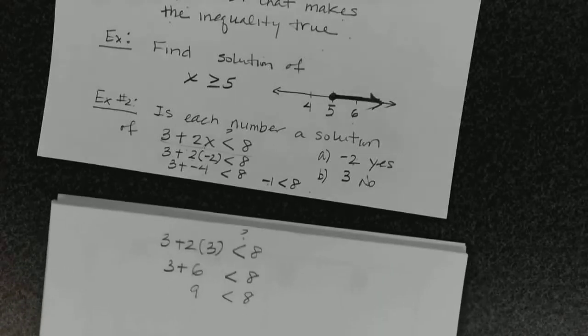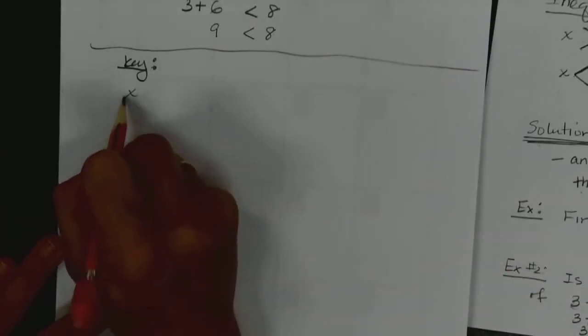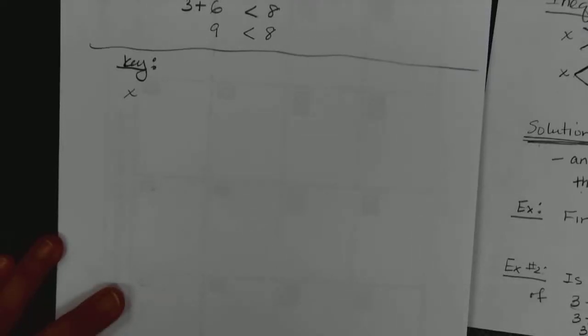No? Okay. Well, our second goal was to graph and to write inequalities, right? So I'm going to give you a little table here. Okay? I'm going to make this a key. This is your key for today. Remember, you always read the x from the variable side, right?